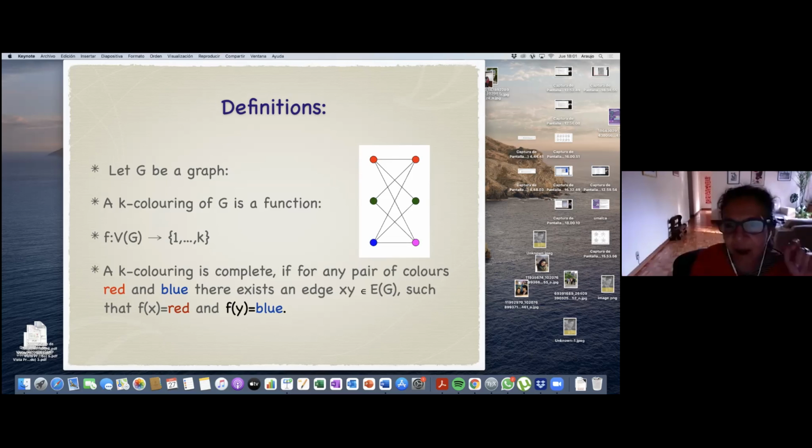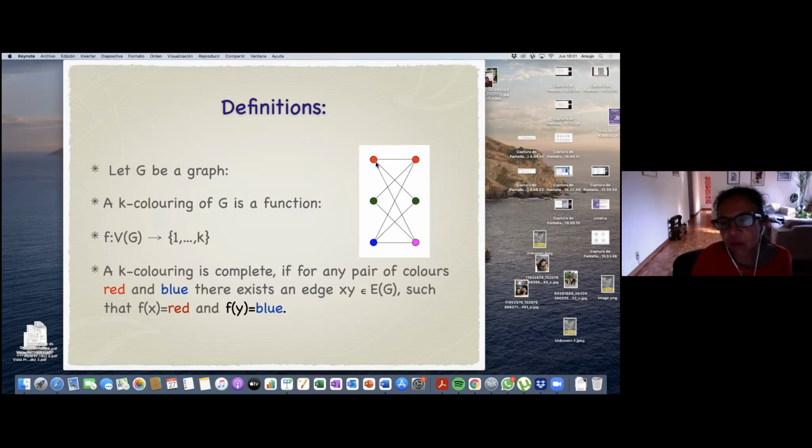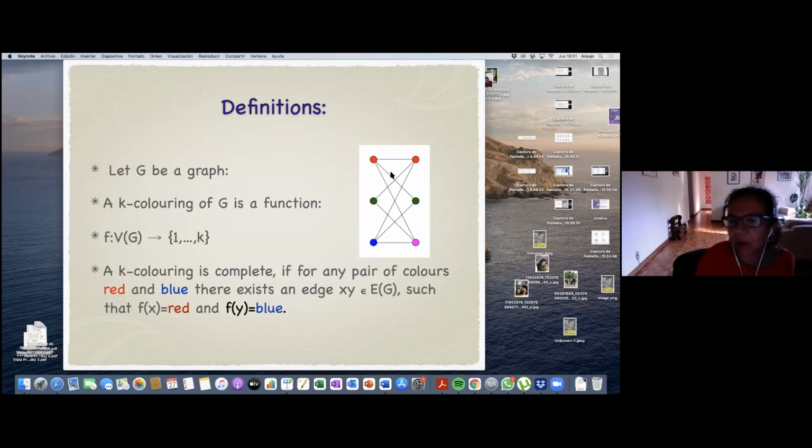For example, this graph is a bipartite graph, and you have a complete coloring here, because between each pair of colors you have an edge. That is a complete coloring. You can see that this coloring is not proper, but in this case we don't have any problem with this, and we can have this kind of relation between two vertices with the same color.